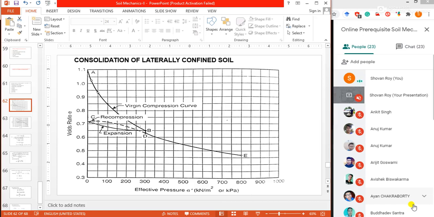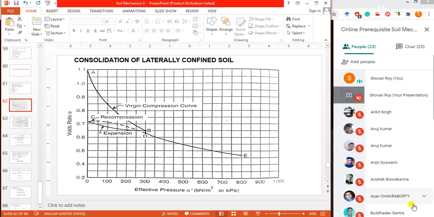Under a given applied pressure, a final settlement and equilibrium voids ratio is attained after certain time.